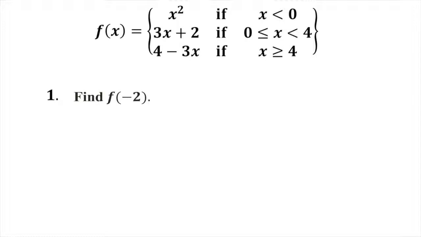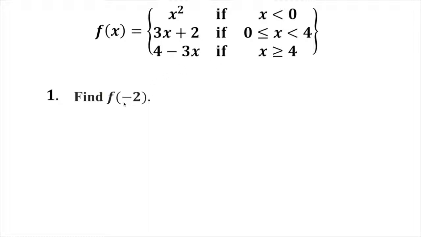If we were asked to find f of -2, we have to find out what happens if x were to equal -2. We use this formula here if x is less than 0. This middle formula we use if x is greater than or equal to 0 and less than 4. And then we use this one here if x is greater than or equal to 4.